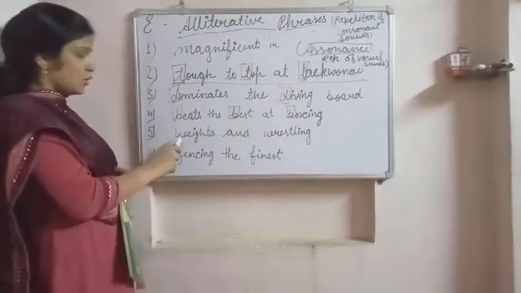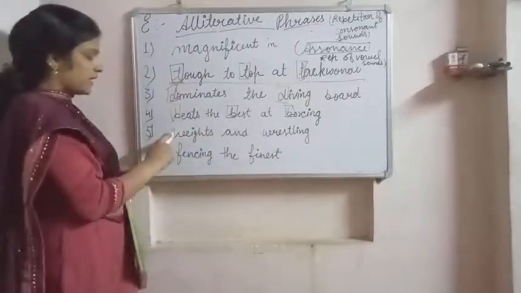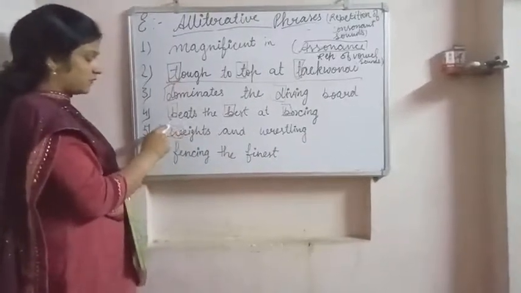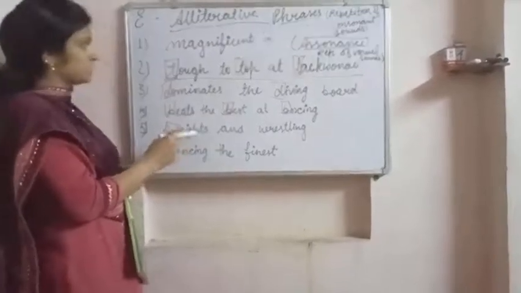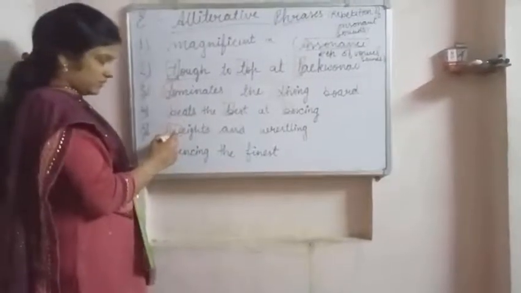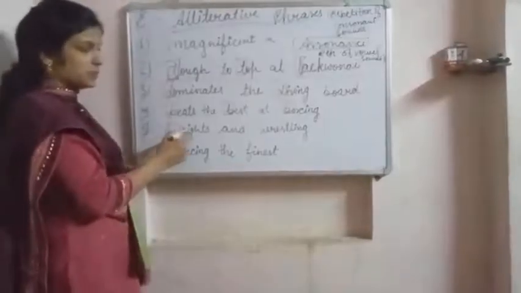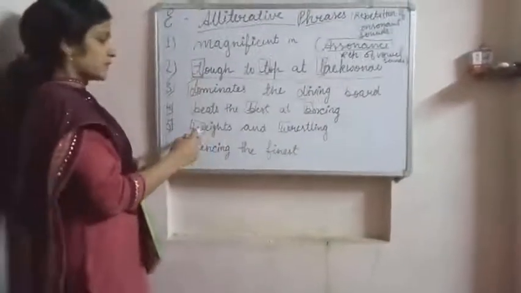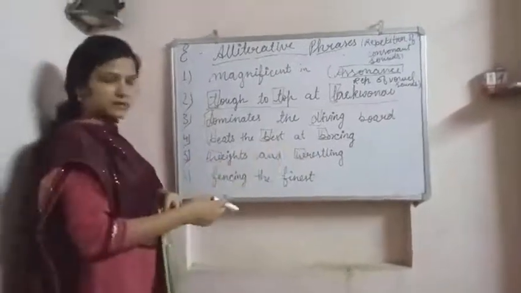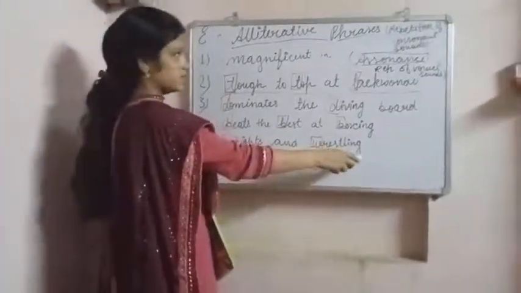Now, weights in wrestling. We find the repetition of the letter W in this phrase. Weights starts with W and wrestling also starts with W. So it is also an alliterative phrase.